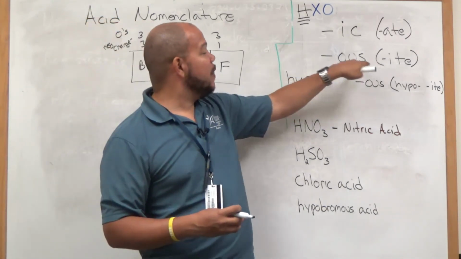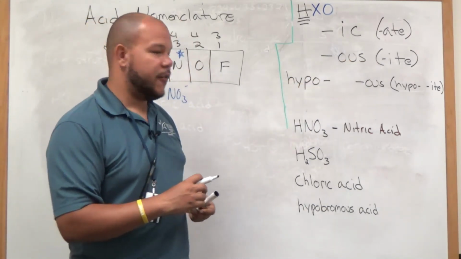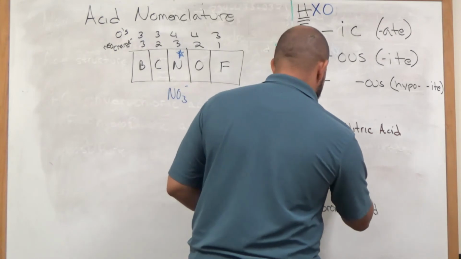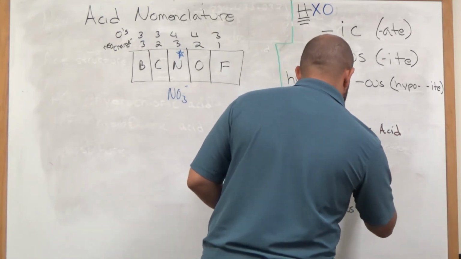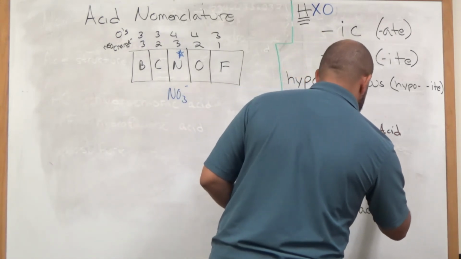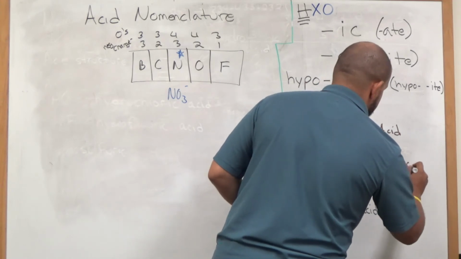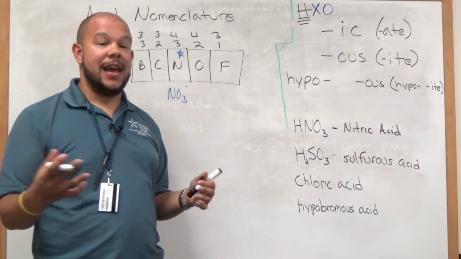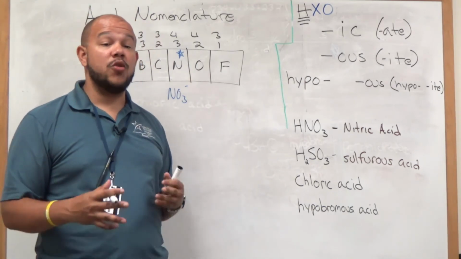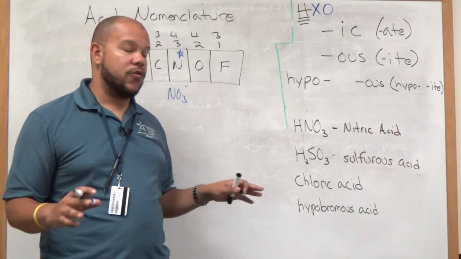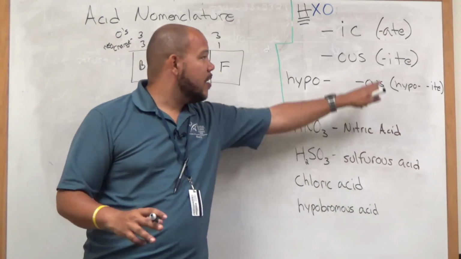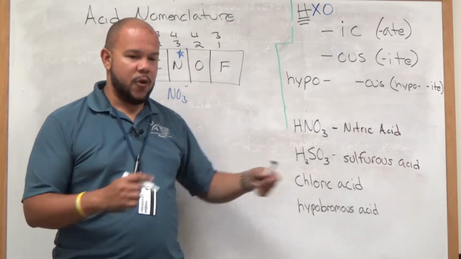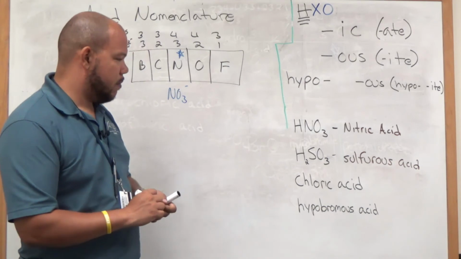So we are dealing with the ous suffix. So we are dealing with sulfurous acid. Right? Sulfurous acid. So we do have to put the suffix ous on. There is no hydro. And why is it ous? Because this is the ite form.